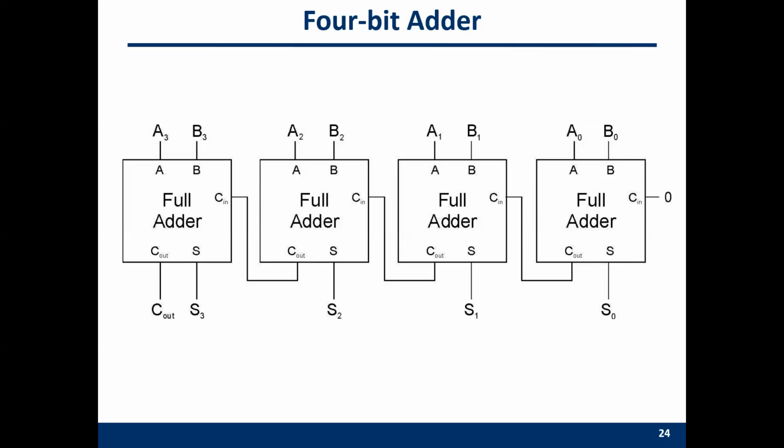It can give you 4 sum bits and 1 carry out. This is the simplest structure of the adder. You can see the critical path in the computation of this C out. So this critical path will decide the frequency of this circuit or the delay of this circuit.